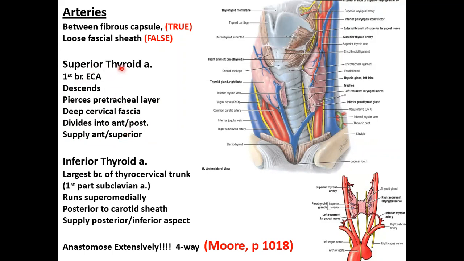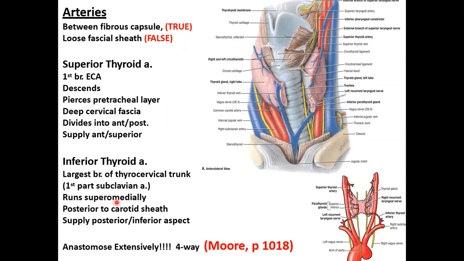So your superior thyroid artery, which is a branch off of your external carotid artery, is then going to itself split into anterior and posterior, which you can actually see here. So the anterior part goes to the front of the gland and the posterior part goes to the back. For your inferior thyroid artery, it is the largest branch of your thyrocervical trunk, which again is coming off of the first part of your subclavian artery.